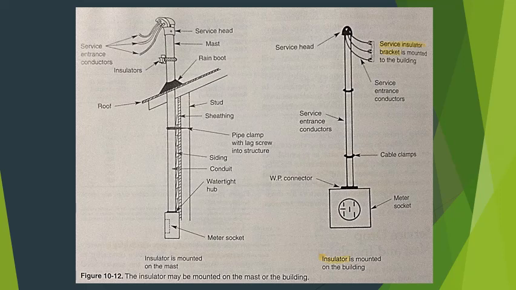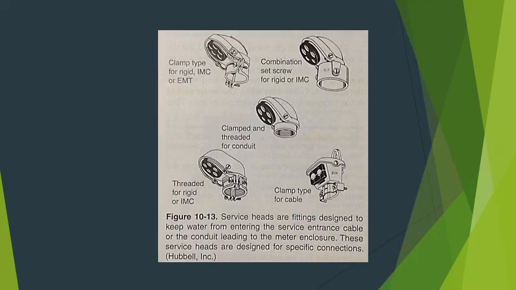The service head. The service head is a fitting installed at the top of the conduit or service entrance cable to prevent water from entering the meter socket and shorting out the conductors. Service heads are designed to be used with either conduit or cable. See figure 10-13.